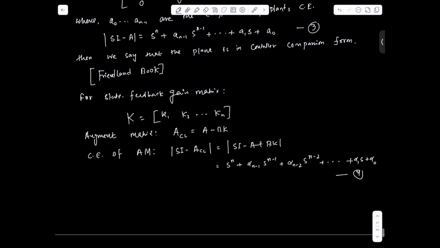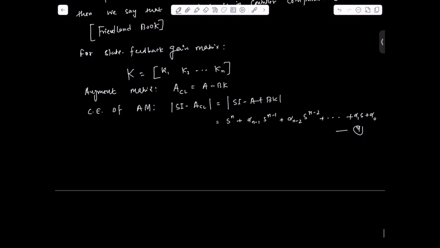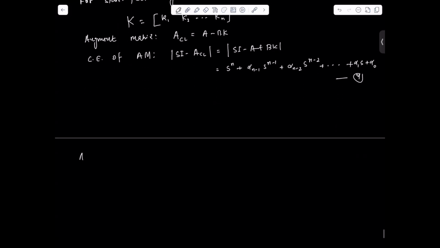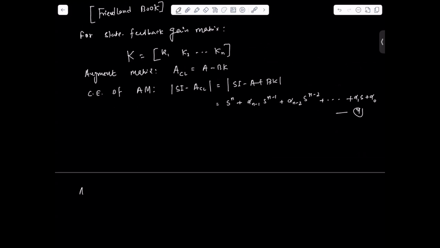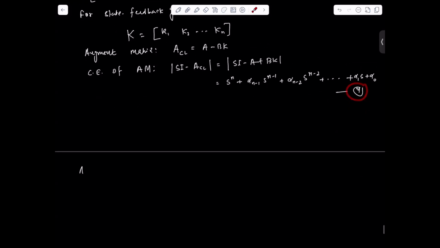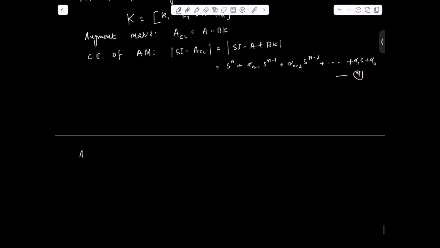Now, this equation 4 is the characteristic equation. Also, A minus BK we can find in matrix form. So ACL equal to A minus BK.